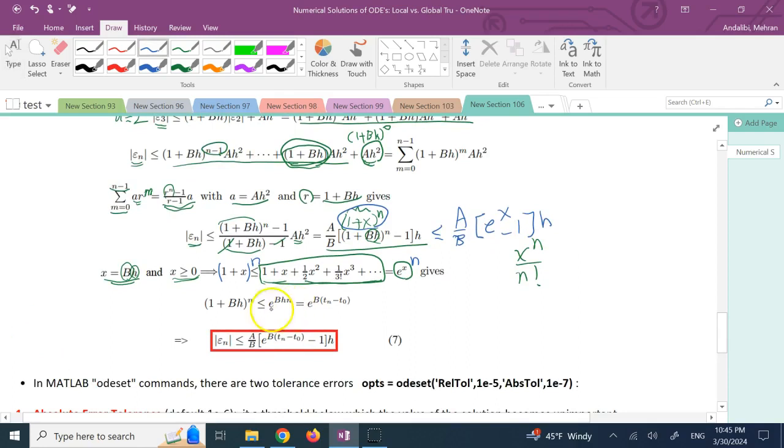And that is exactly what you can see here. Of course, this is to the power n, so here you have to also multiply it by power n, because we have this. And that is, if you write it, this is this one here.